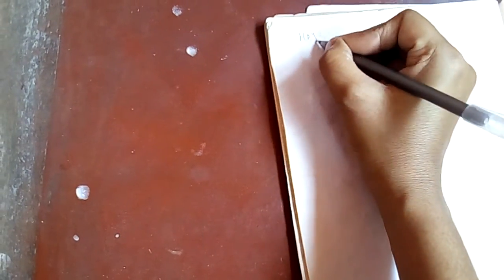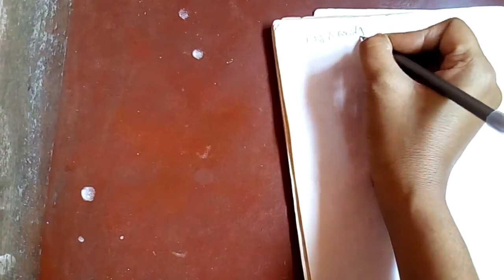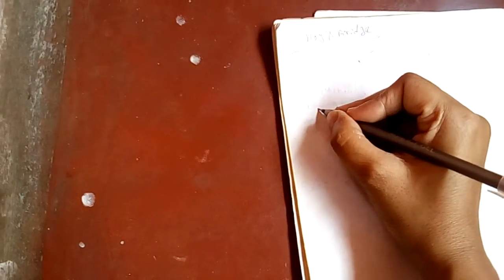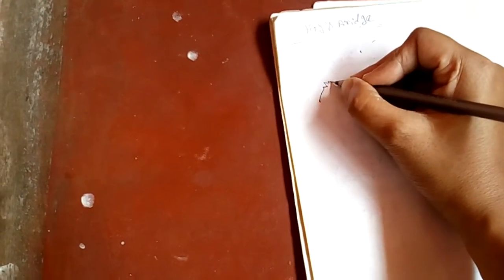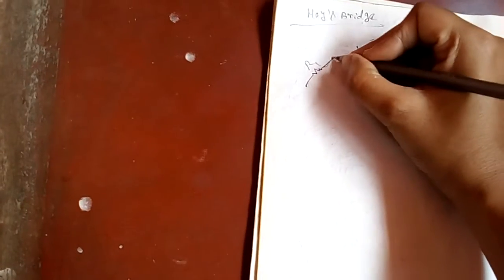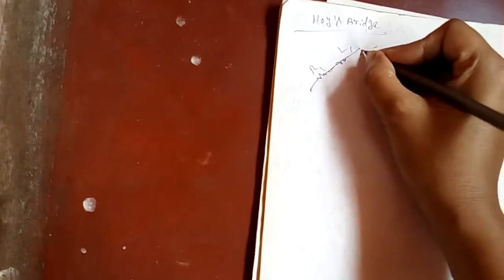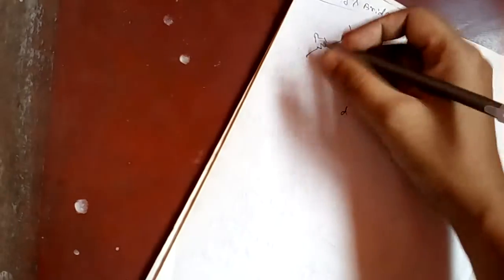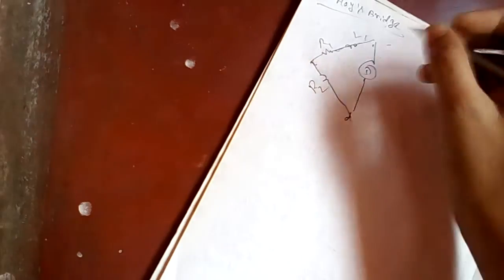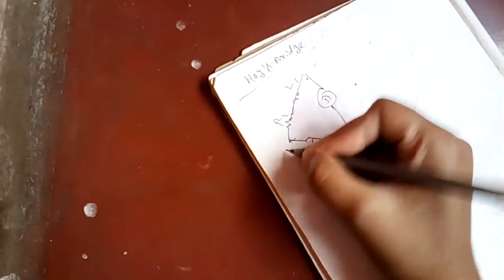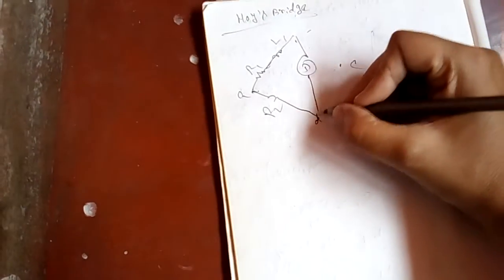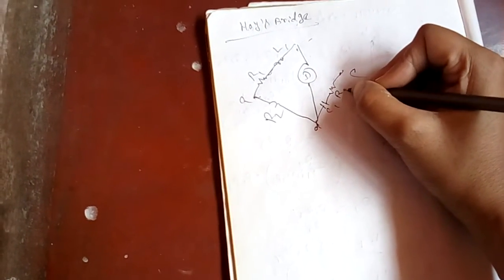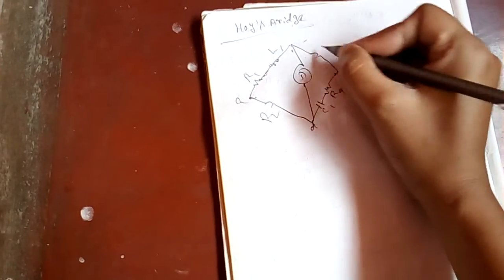The Hay bridge is the same as the Maxwell inductance bridge, but here the resistance and capacitance are in parallel. So if we draw it, here is R1 and here is L1. Here is the detector D, there is a resistance R2, and between A, C and D, in the previous case there was a series resistance, here it is a parallel resistance, C4, and here is R3.